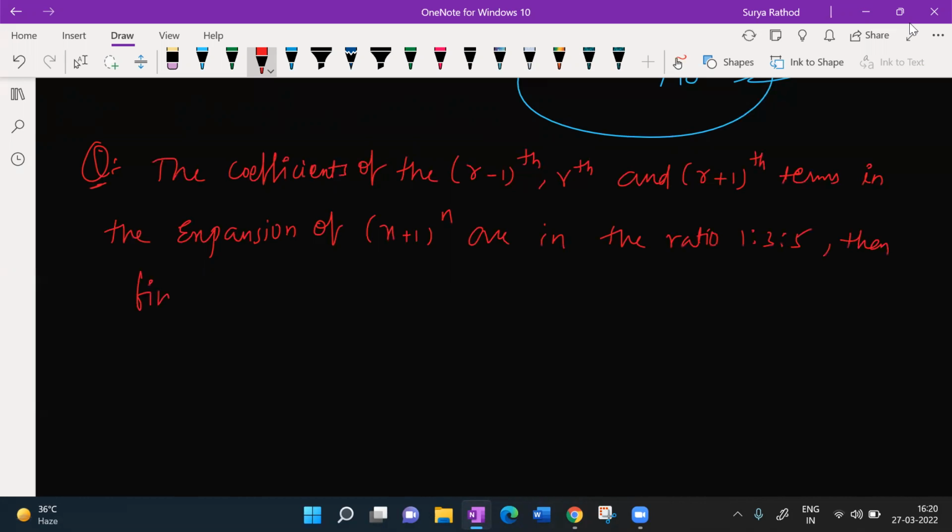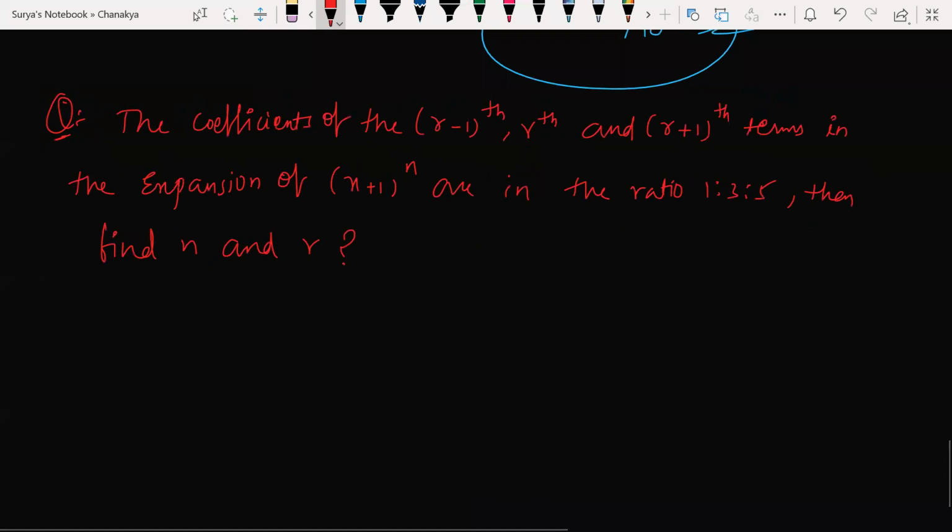Then find n and r. Quick, just try this.